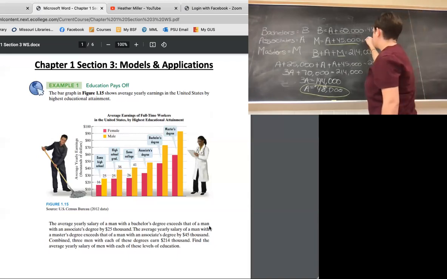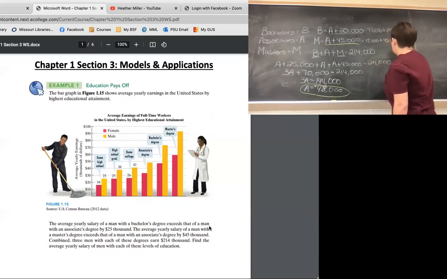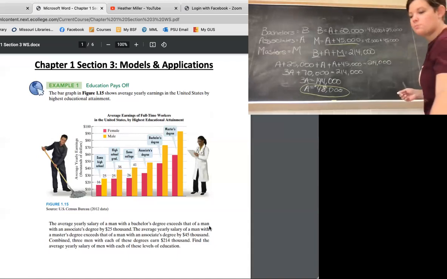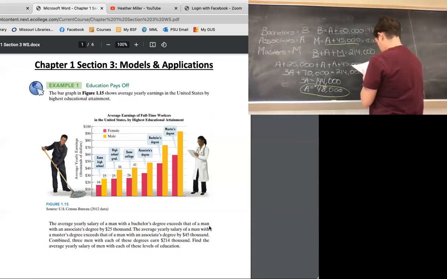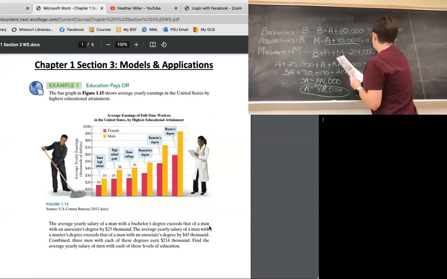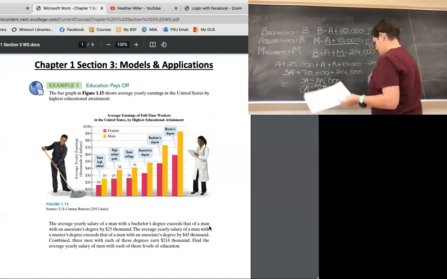And for our master's, we have the 48,000 plus 45,000, and that'll tell us our master's. So our bachelor's is going to make $73,000, and our master's is going to make $93,000.